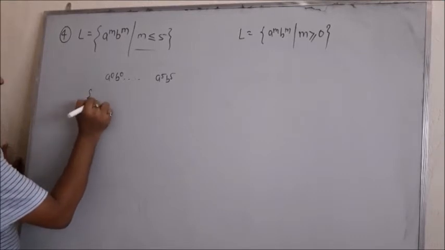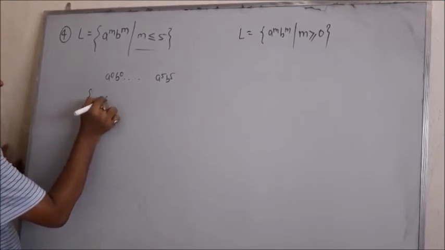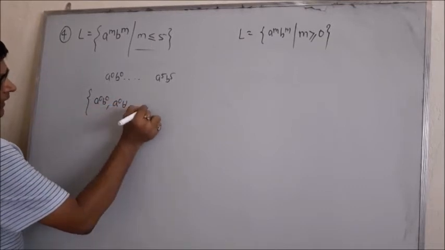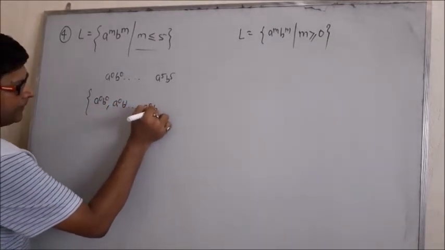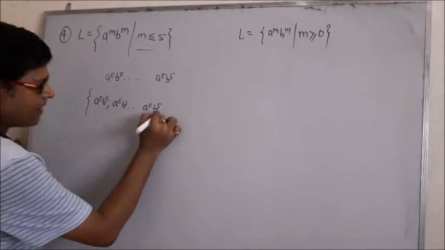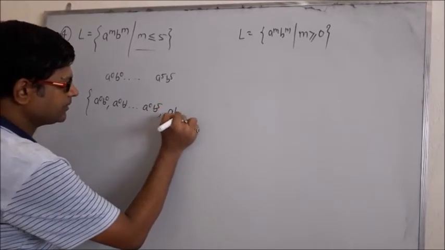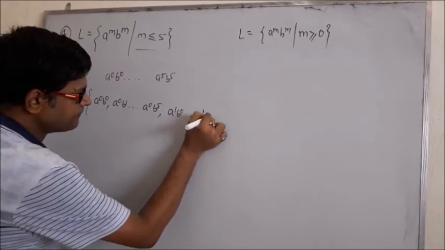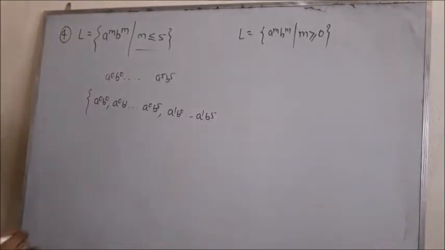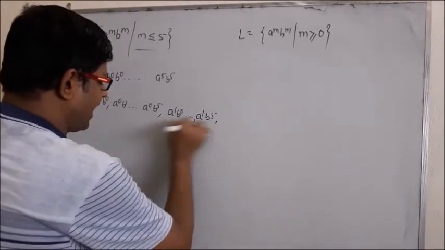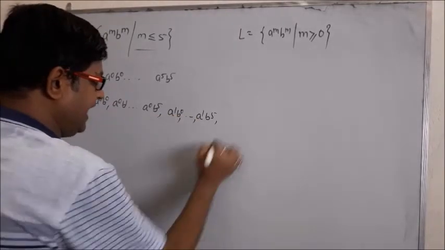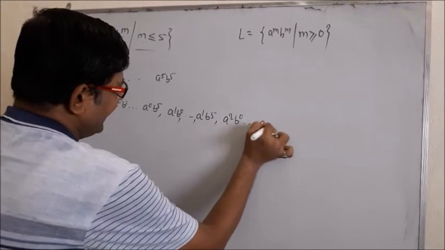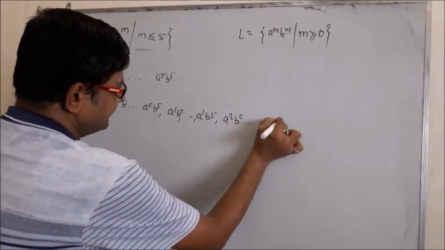Like, first will be your A0, B0. Right? Second one will be A0, B1 up to A0, B5. Right? After completion, it will start from A1, B0 to A1, B5. Right? Next, I am just putting comma everywhere. It will start from A2, B0 to A2, B5.